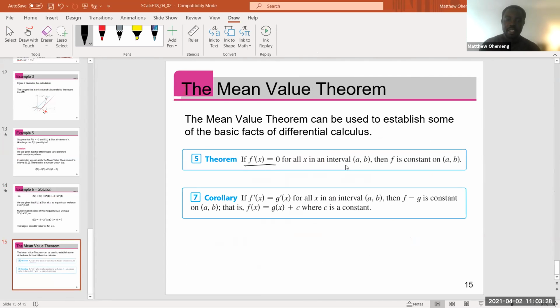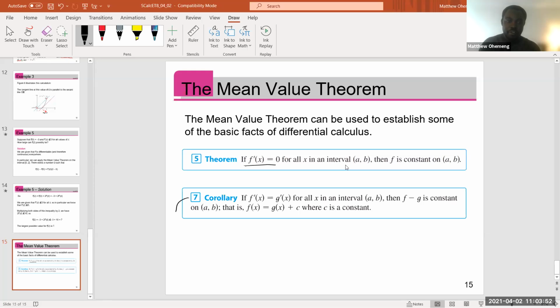Now, a corollary is something that follows after a theorem. The corollary is saying that because this is true, if f prime of x is equal to g prime of x within an open interval a to b, then f minus g is constant on a to b. How come this is a corollary? Let's see what this is saying.